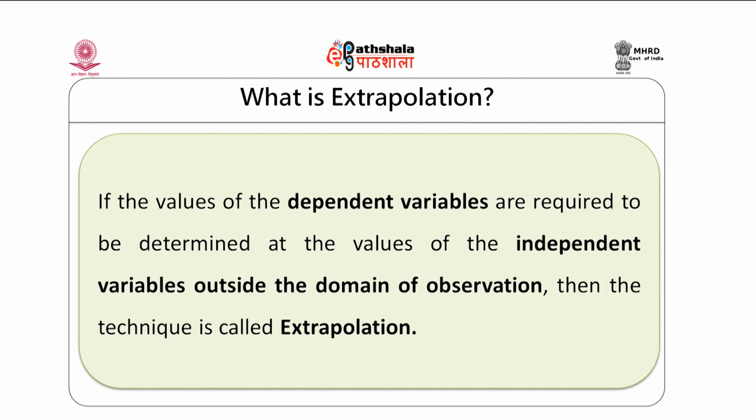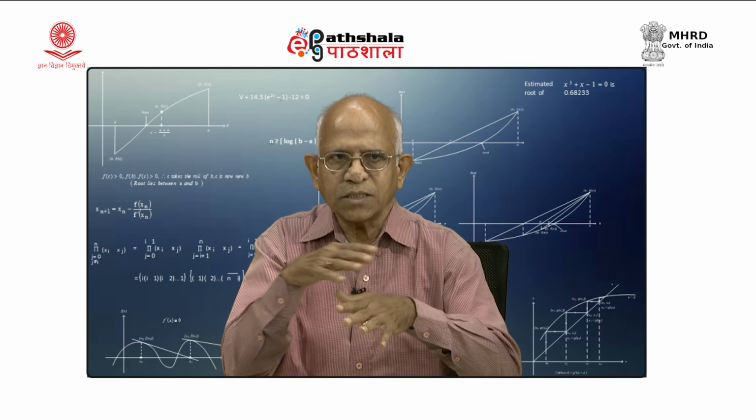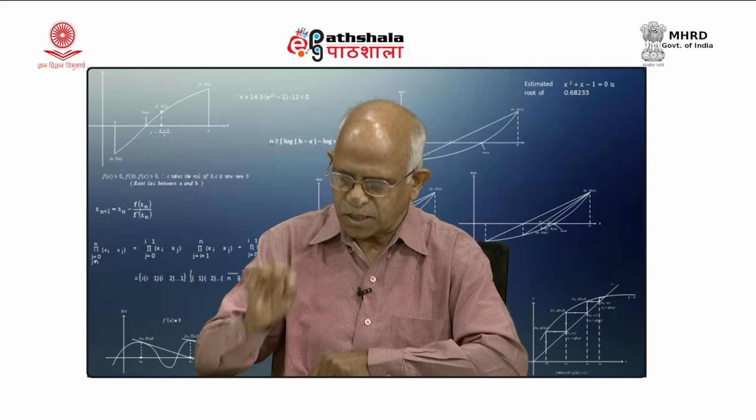If the values of the dependent variable are required to be determined at values of the independent variable outside the domain of observation, then the technique is called extrapolation. So, if the values are to be determined within the domain of observation, it is interpolation. If it is outside the domain of observation, it is extrapolation.